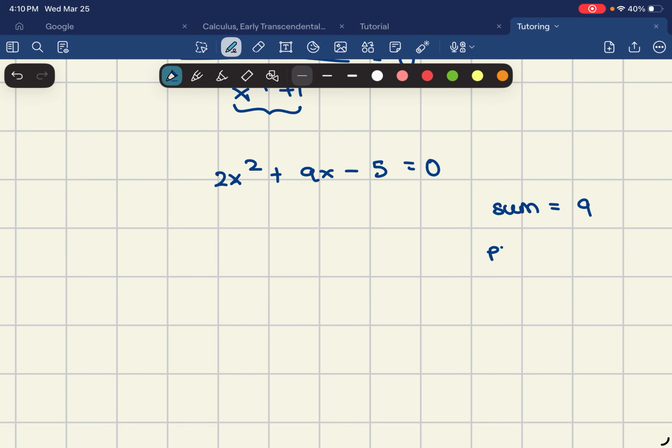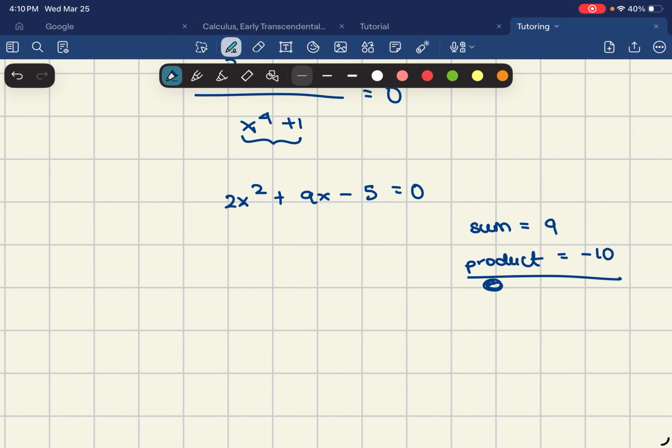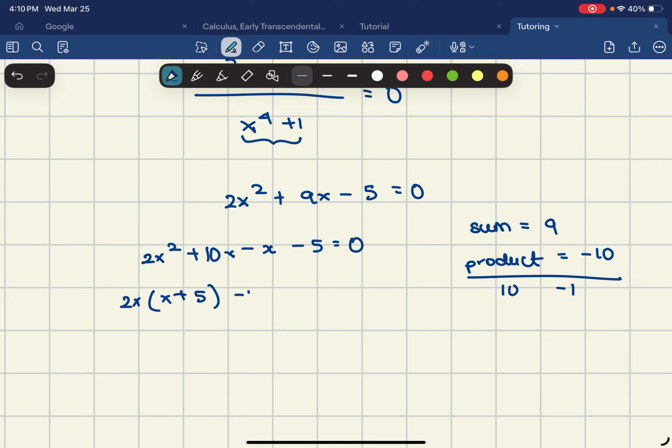So the sum is equal to 9. The product is equal to negative 10. So the two numbers would be, I believe, 10 and negative 1, right? So 2x squared plus 10x minus x minus 5 is equal to 0. And we can factor out 2x from the first two terms. So we get x plus 5, and we can factor out a negative 1 so that we get x plus 5 in the second two terms as well.